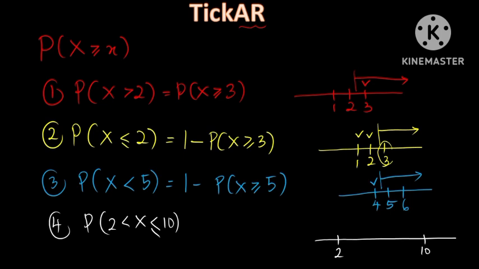We do the 2 first. For the 2, we have 1 and 3. What value is included for the 2? It's actually 2 less than x, meaning that x should be more than 2. So what value do we have here? Yes, it's 3 only. So we tick at 3 and then we do the same steps as above. We do the barrier and the arrow. The arrow is always going to the right.